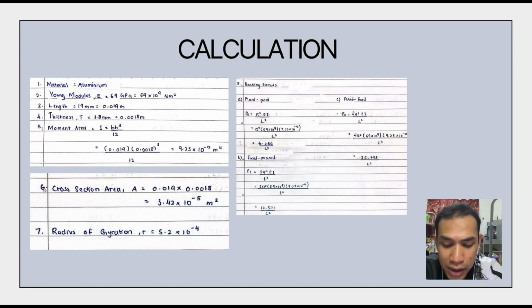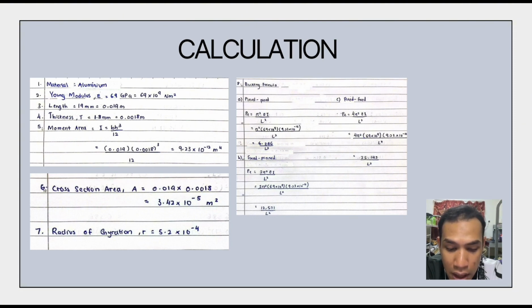The cross-section area we use is 3.42 times 10 to the power of negative 5, and the radius of gyration is 5.2 times 10 to the power of negative 4. We use the buckling formula to get the data for pin, fixed pin, and fixed width.